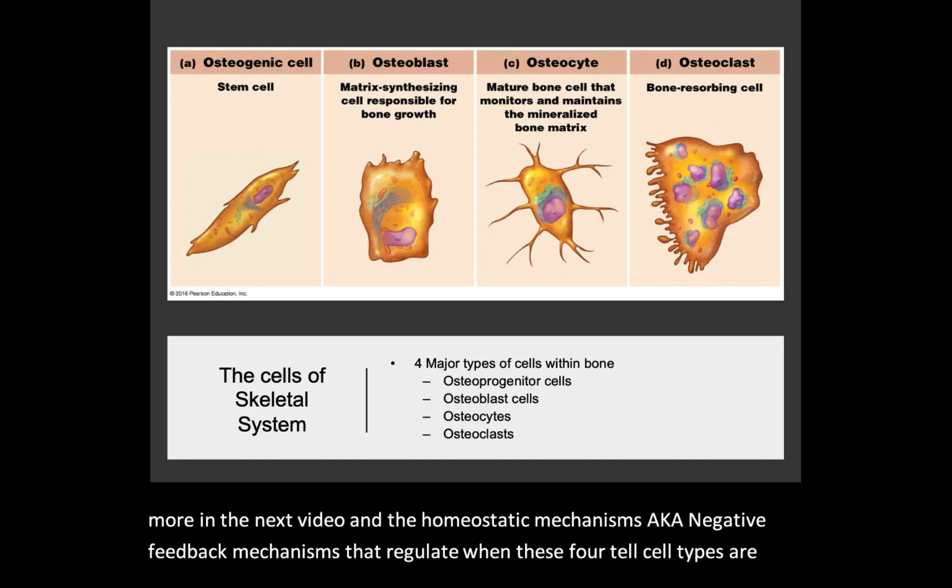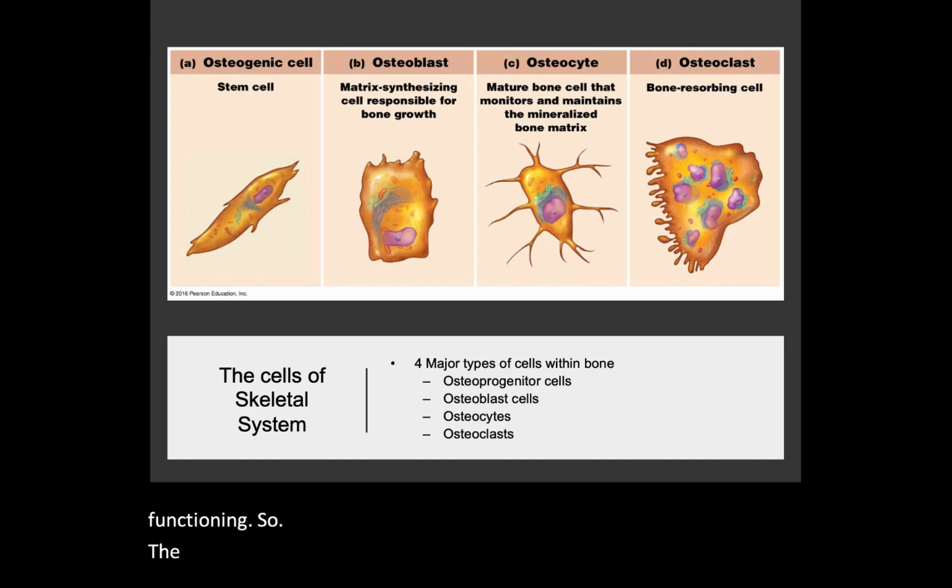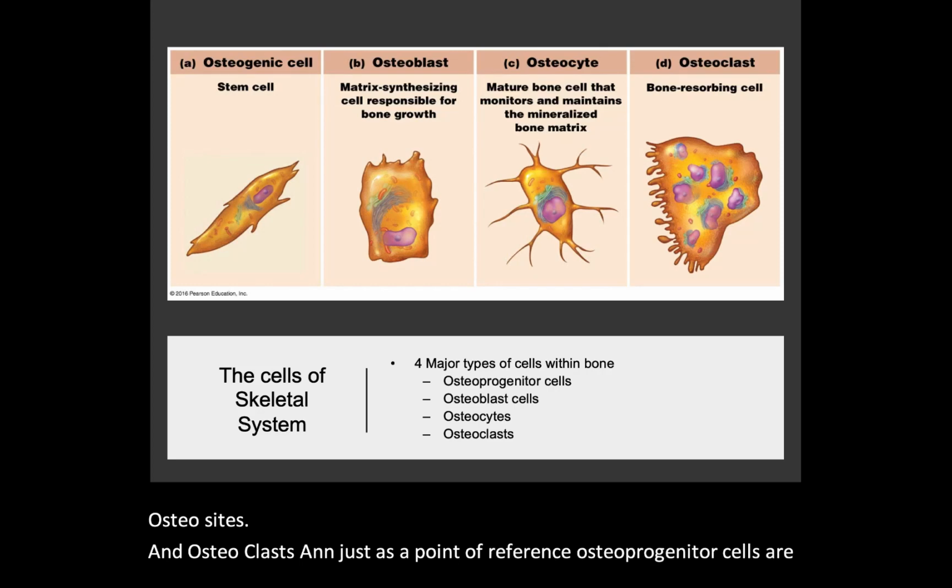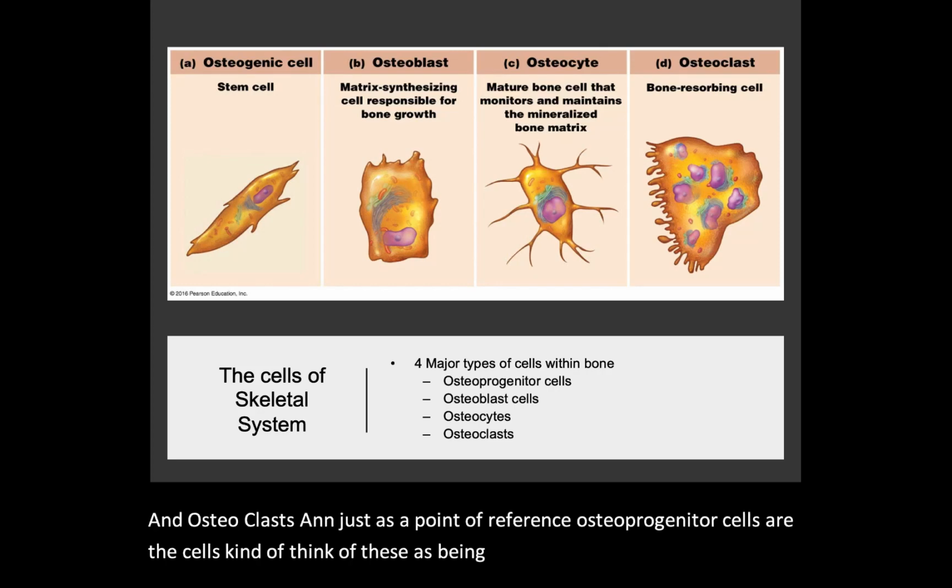So the 4 cell types are osteoprogenitor cells, osteoblasts, osteocytes, and osteoclasts. And just as a point of reference, osteoprogenitor cells, think of these as being undifferentiated stem cells.